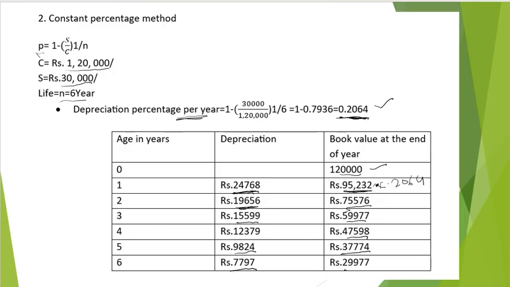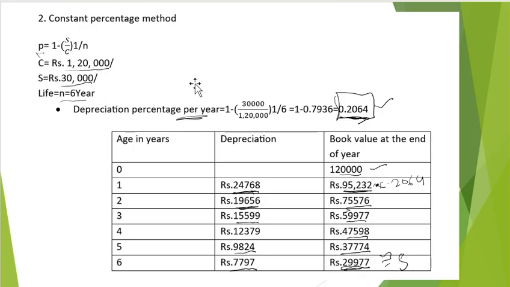At the end of sixth year, you will have a value approximately equal to the salvage value, which was 30,000. Now see here, the amount is decreasing every year as the life increases, but the percentage will remain the same, which is 0.2064. This is a point to be noted in this case.